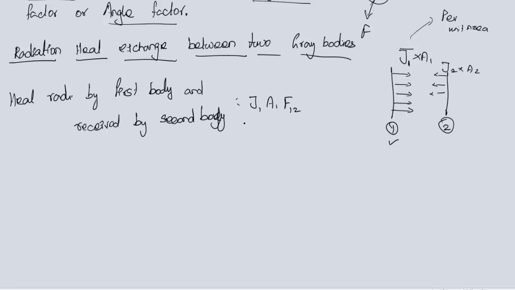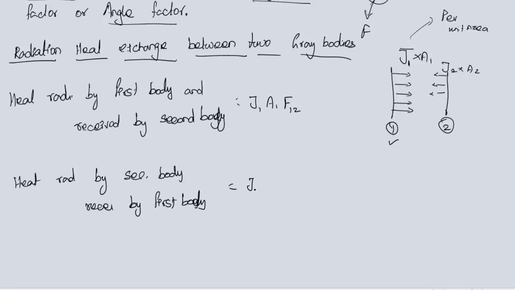So the heat radiated by the first body and absorbed by the second body is J1 A1 F12. Similarly, the heat radiated by the second body and received by the first body will be J2 into A2, the shape factor F21, right?